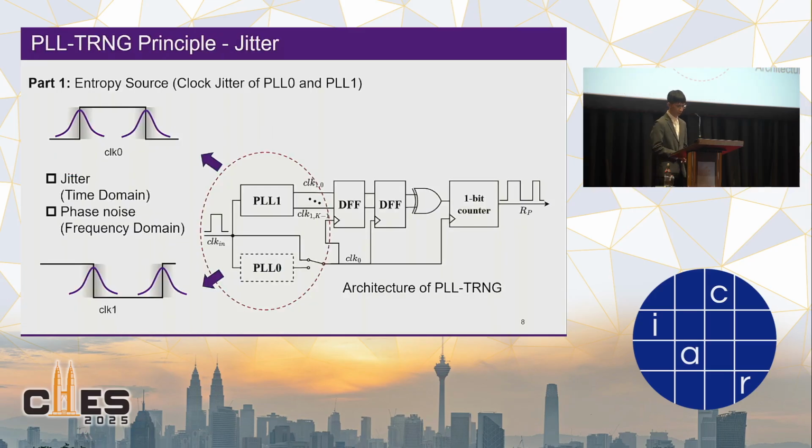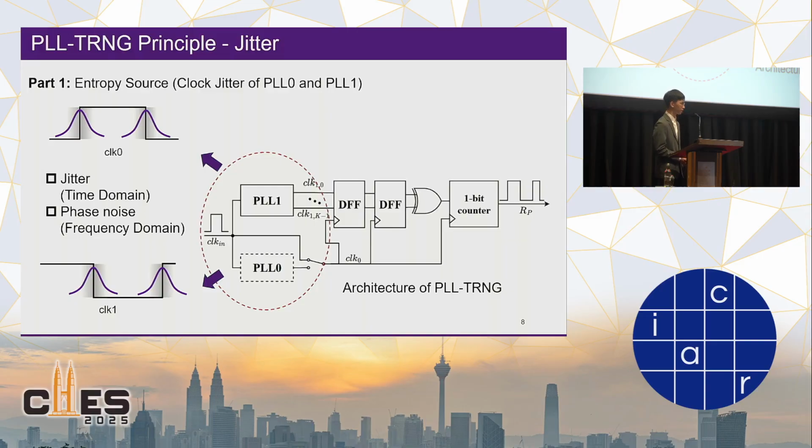Okay, now let's quickly walk through how a PLL TRNG transfers the randomness into a digital bit. It starts with the entropy source. It's the clock jitter from two independent PLLs, PLL0 and PLL1. In the real world, the clock's edges don't happen at perfect intervals.